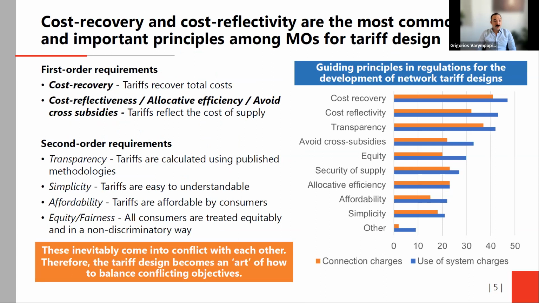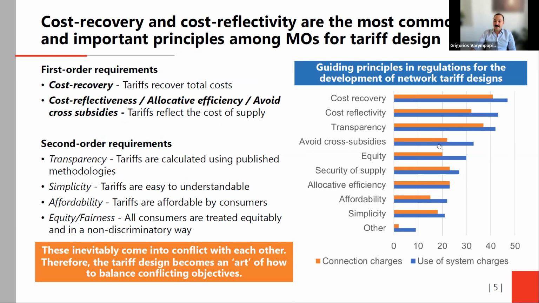So let's look now at the key principles that are developed in order to guide the tariff design process for network charges. So cost recovery and cost reflectivity are the most common and important principles among MOs for tariff design.